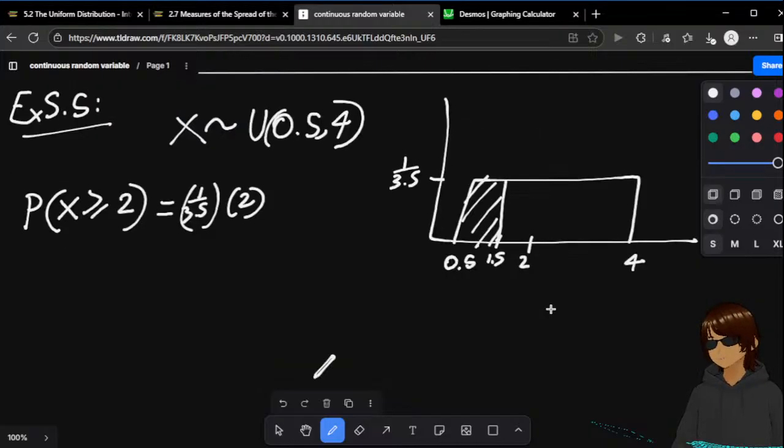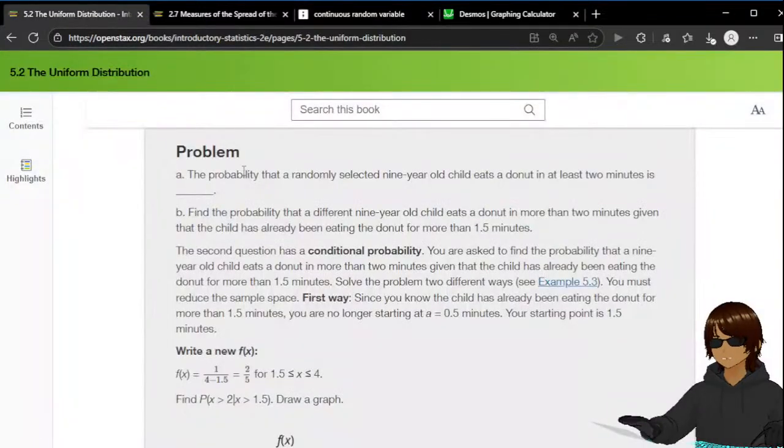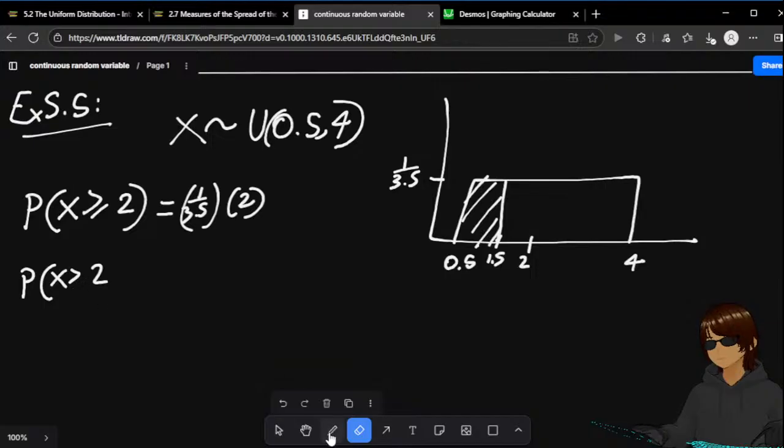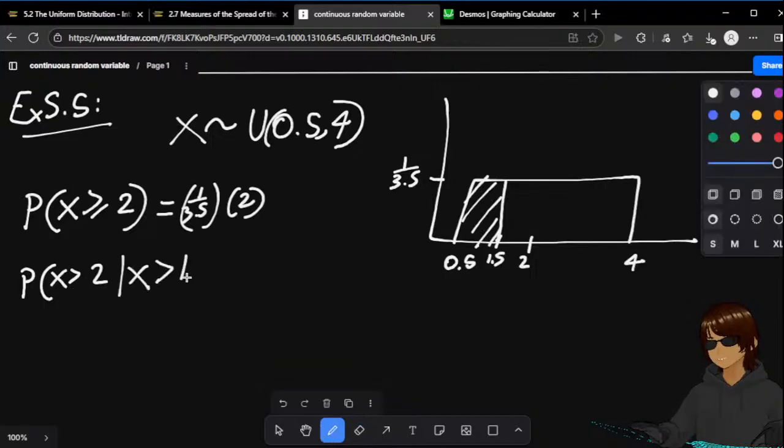Okay, I think I have an idea. Probability that he will take more than 2 minutes, given that he has already taken up 1.5 minutes, is the probability of more than 2 minutes in general.